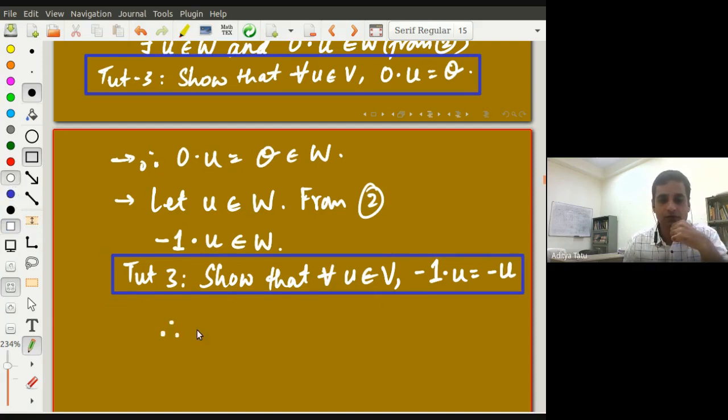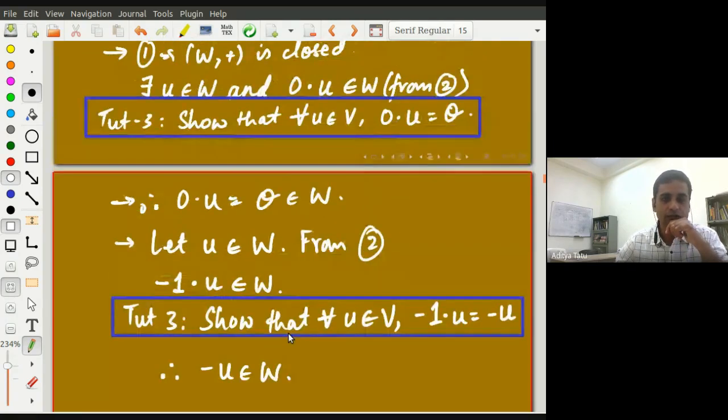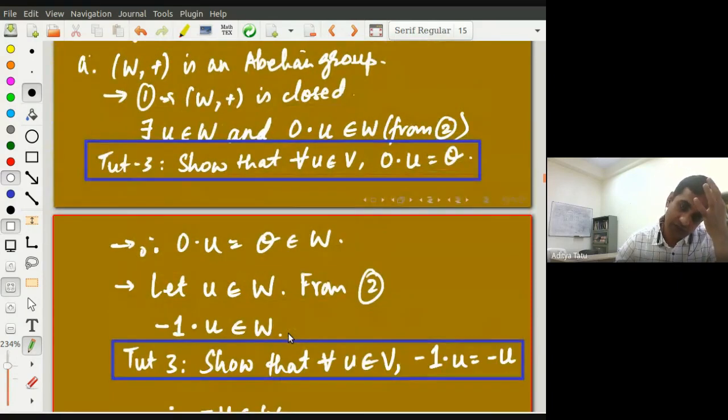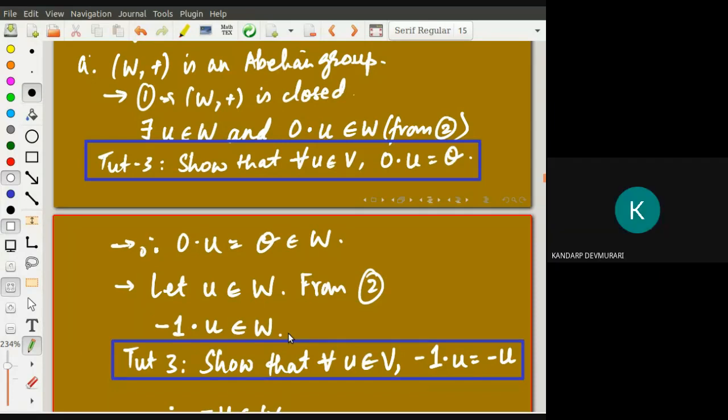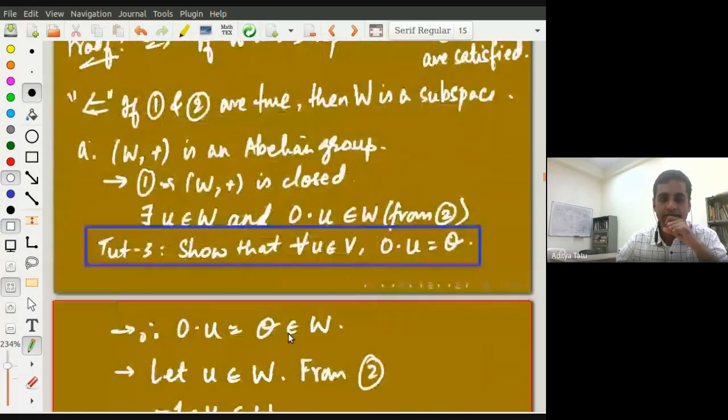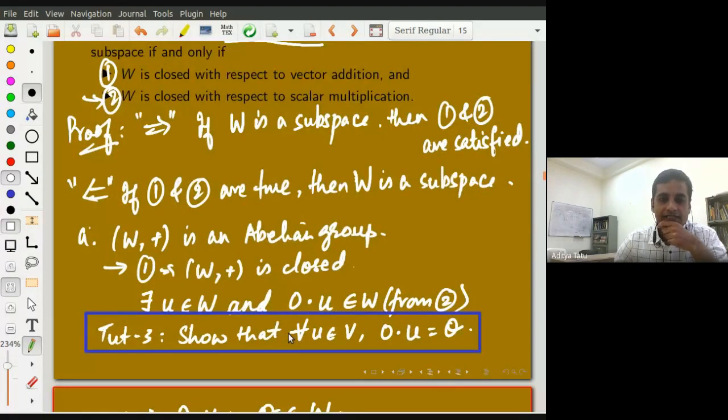So therefore, minus u also is in W. What else do we need in order to show that it's an abelian group? Or are we done? Done, right? So we have done that W plus is an abelian group.